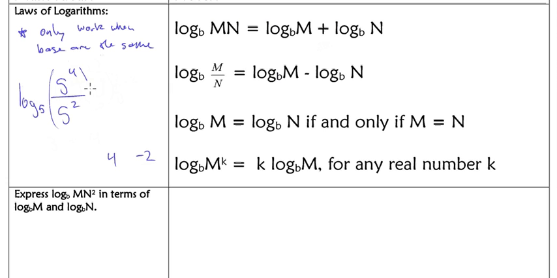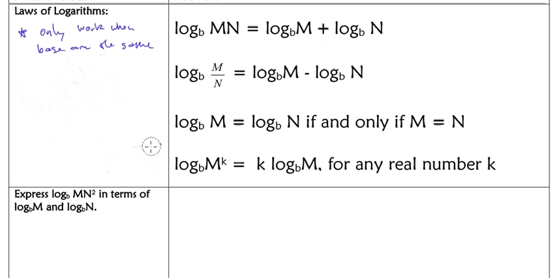If we had actually divided these first, 5 to the fourth divided by 5 squared gives us just 5 squared, and log base 5 of 5 squared is the same thing as 4 minus 2. That's all this is trying to say, that if you divide, your exponents get subtracted. Because remember, logarithms are talking about exponents.